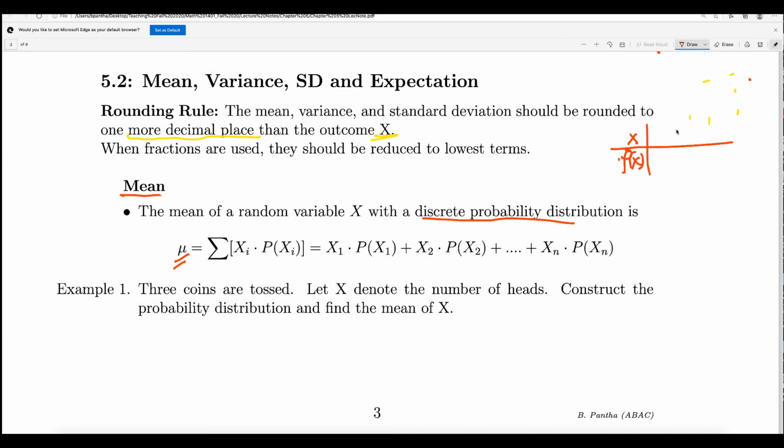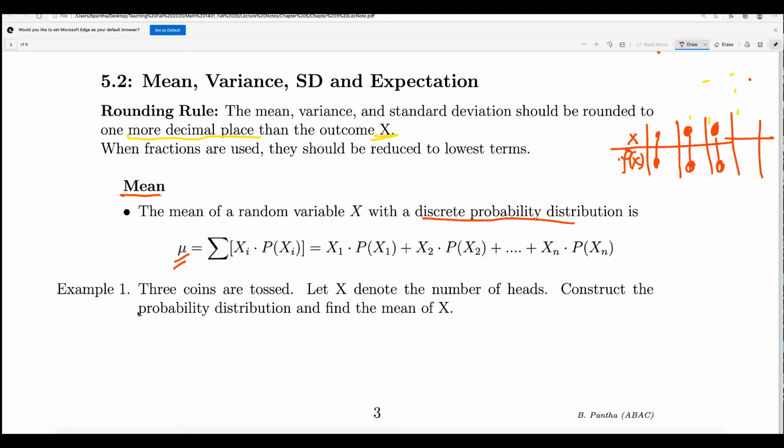This is the probability distribution. If you want to find the mean, you multiply this with that one, plus multiply this with that value, plus this with that value, and so on. If you multiply all these pairs and add them, the value you get is the mean of the random variable x under the discrete probability distribution.